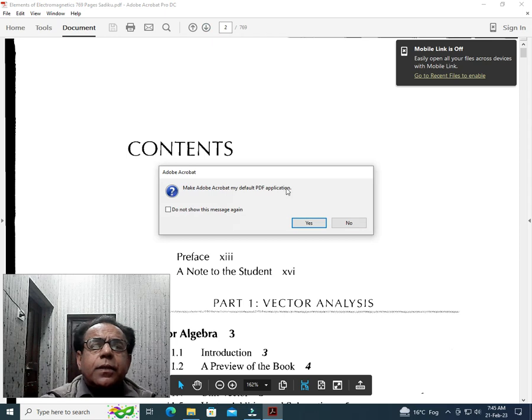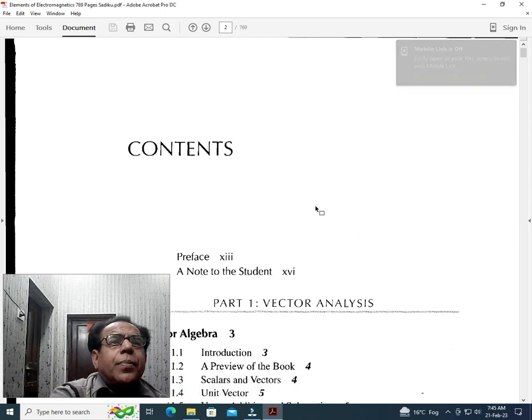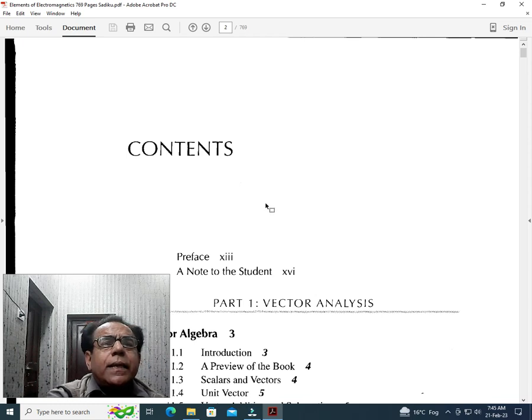Dear students, this book is saved in my computer under the name Elements of Electromagnetics, 769 pages, Sadiku.